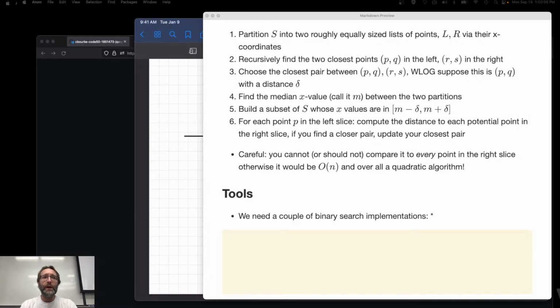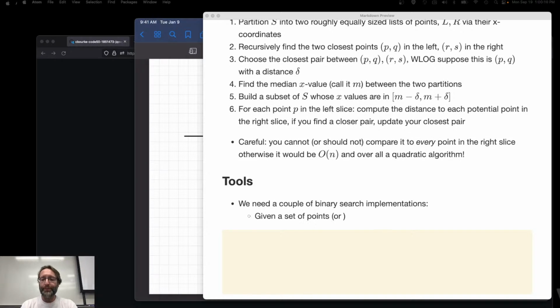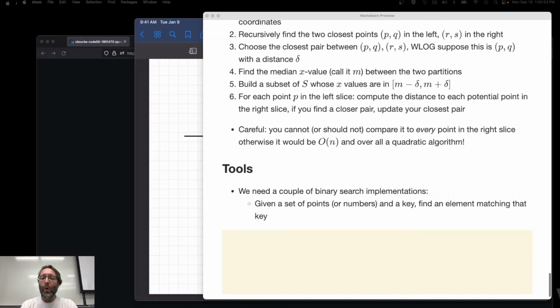The first one I want is, given a set of points or numbers, and a key, find an element matching that key, or in the event that no such element exists, find where it should be.